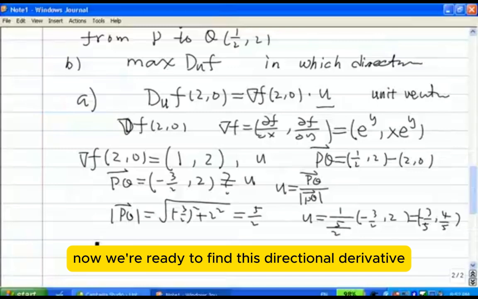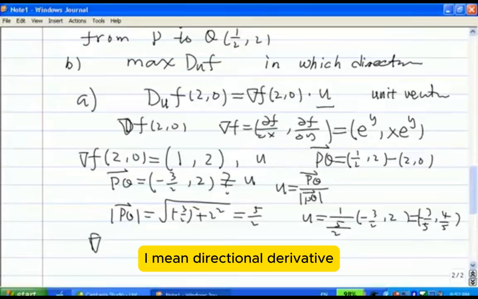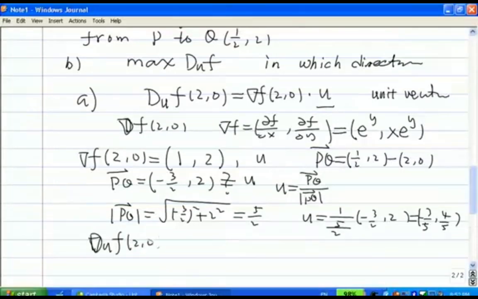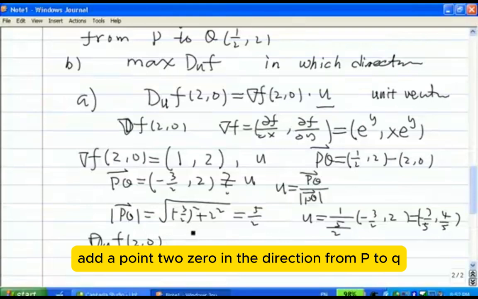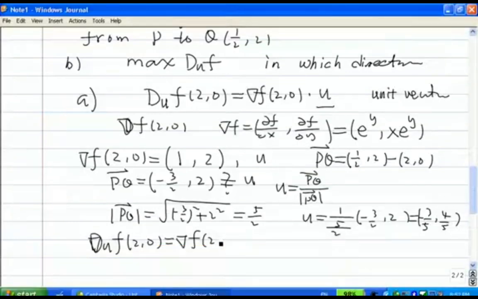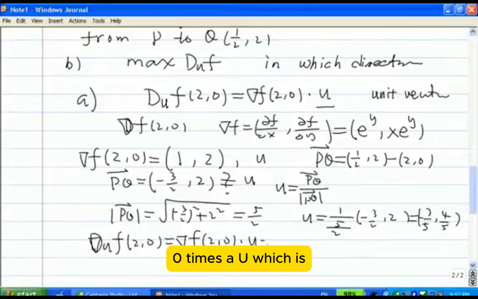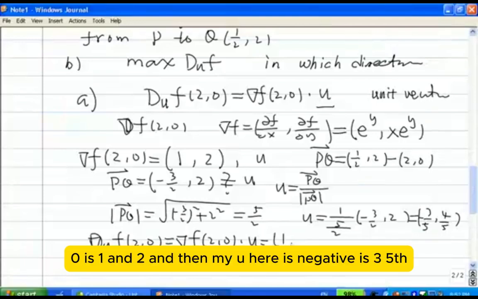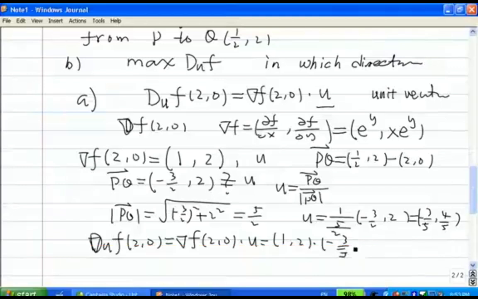Okay, now we're ready to find the directional derivative of f evaluated at the point (2, 0) in the direction from P to Q, which is gradient f(2, 0) times u. Gradient f(2, 0) is (1, 2), and my u here is (negative 3/5, 4/5).